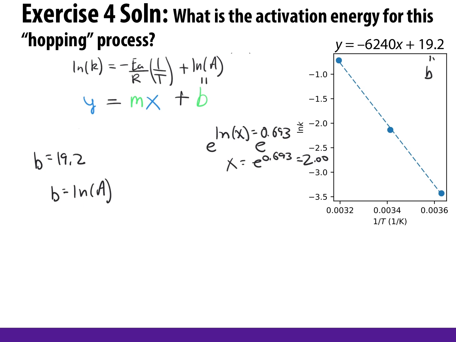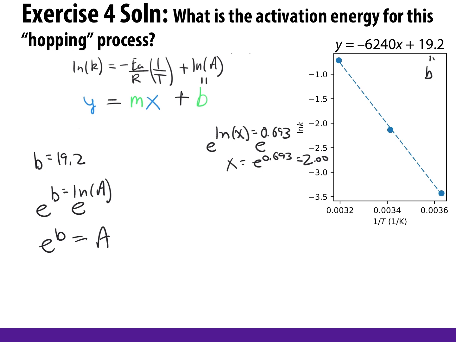So that's a way to figure out ln of what is equal to 0.693. Yeah, it happens to be e to the 0.693, which is 2. So same thing here. Applying that, I need to take e to the power of both sides to undo the natural log. So e to the power b is equal to, again, e to the ln of A is just equal to A.